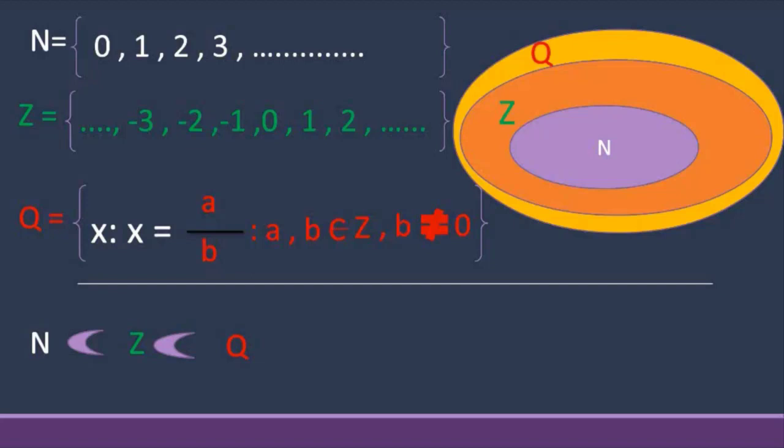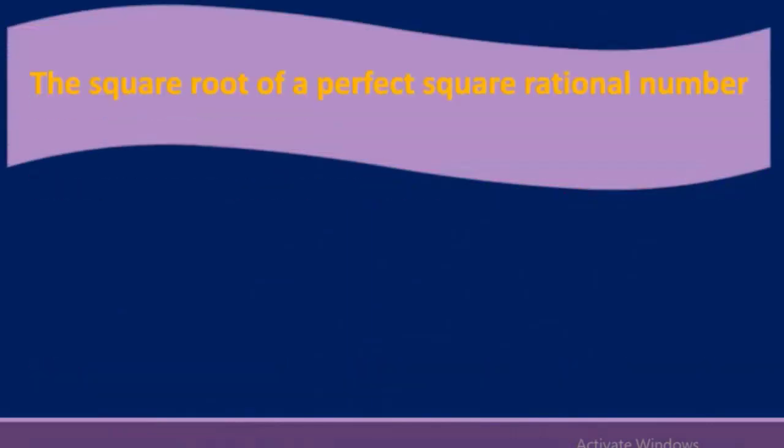And also, let's remember the square root of a perfect square rational number. A perfect square rational number means a number we can write as the product of two similar numbers.